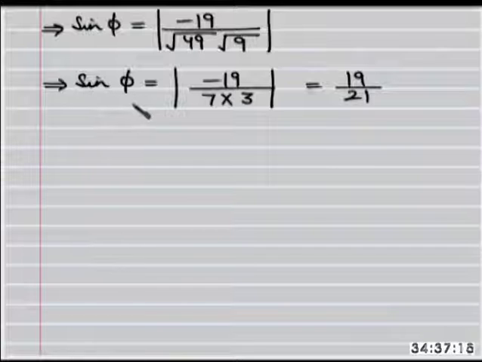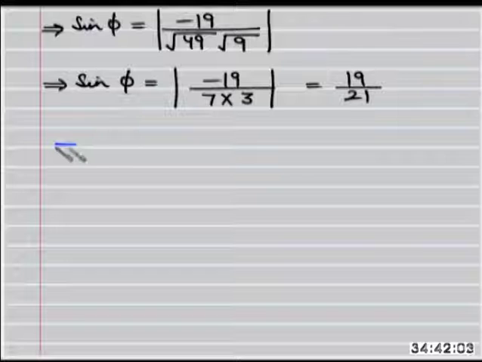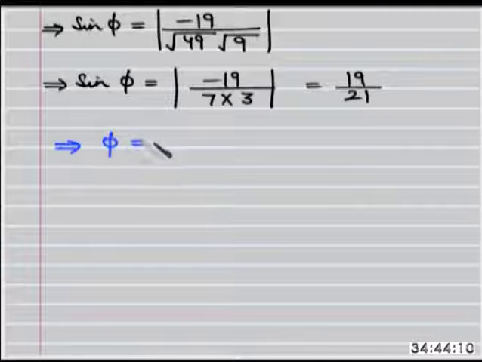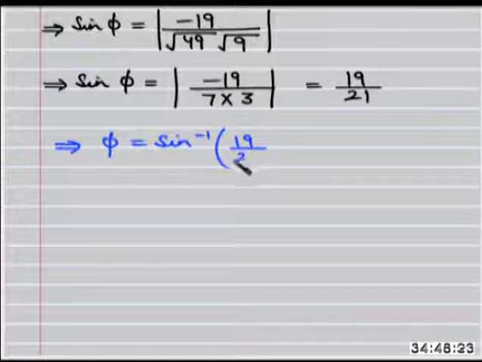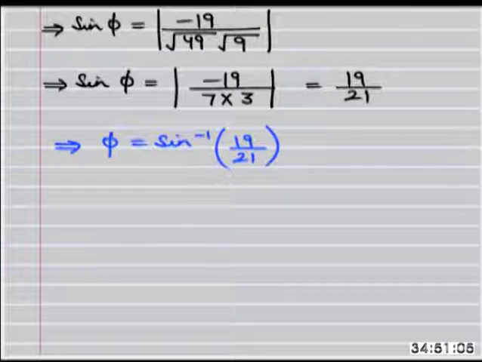Now, as sin phi is equal to 19 upon 21, this implies phi is equal to sin inverse of 19 upon 21.